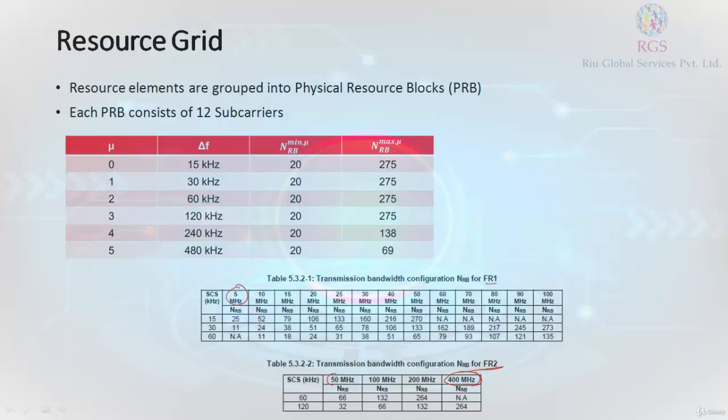But FR1 starts from 5, goes all the way only up to 100 megahertz, right? And which all subcarrier spacings are possible and how many maximum physical resource blocks are available is explained here. So this table is from 3GPP specification 38.104.